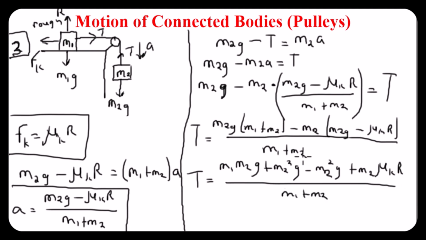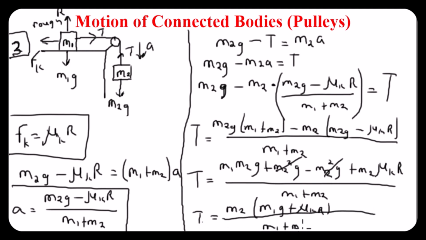Finally, we can see that we can cancel out this, and we can also cancel out this. Also, we can factorize, since we have M2 here and M2 at this particular point. So my tension can be equal to M2, open brackets, M1G plus mu K R, everything divided by M1 plus M2. So this is the expression for the tension in this system.